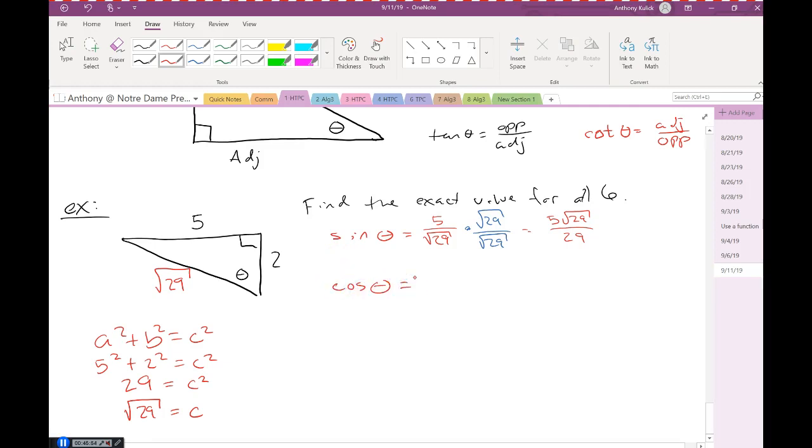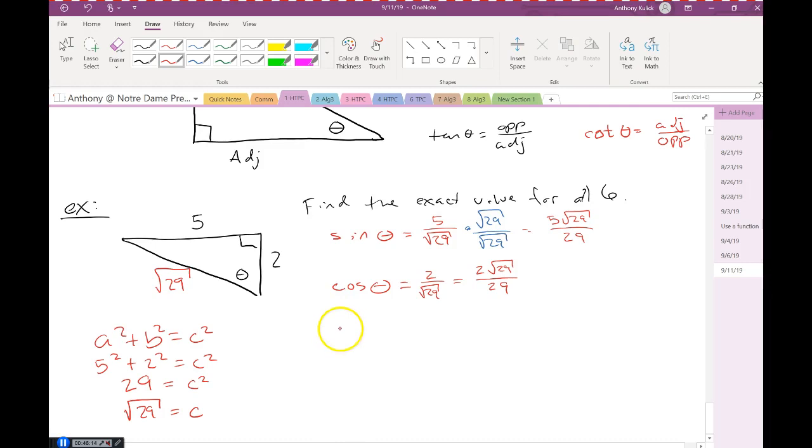What's cosine of theta then going to be? Good, 2 over the square root of 29. But really, how should I write that? Good.